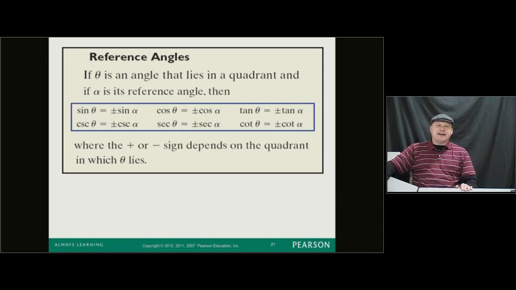Now, the last three, I don't know why they put that in there, but that's okay. It's true. Cosecant of theta is plus or minus the cosecant of alpha. All that's true, but usually when you have to evaluate one of those, you just want to go ahead and do the other reciprocal one and then take the reciprocal later. For example, if I wanted to find the secant of 5 pi over 3, I really don't do that.